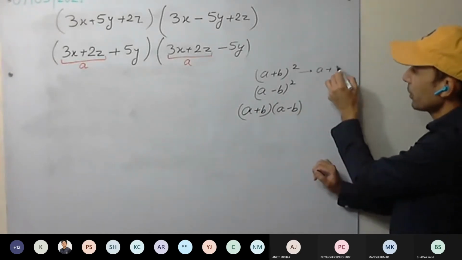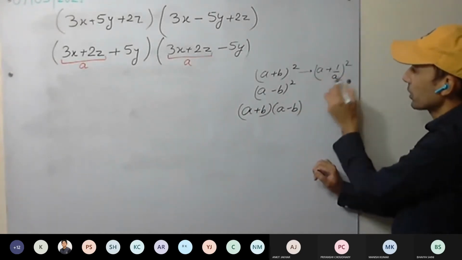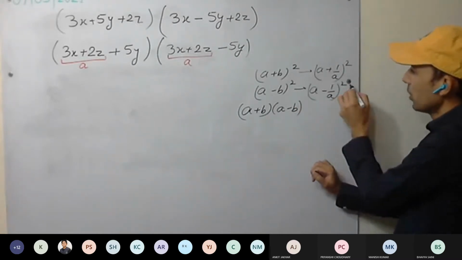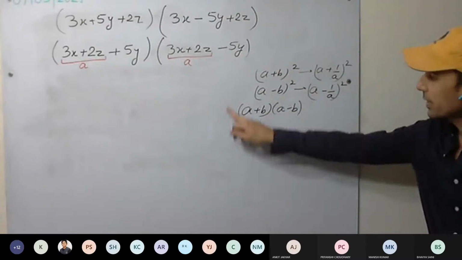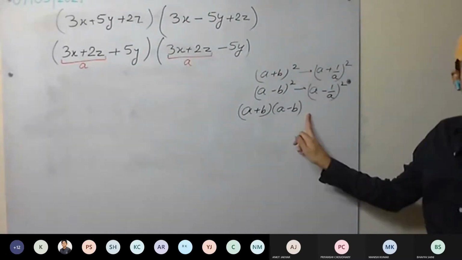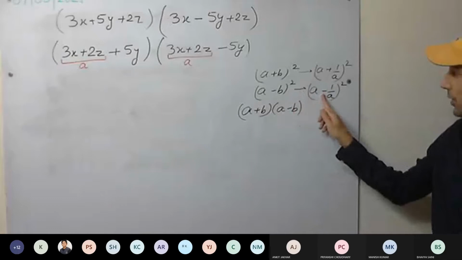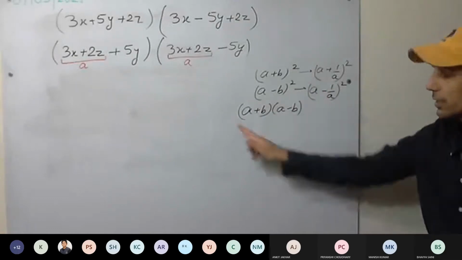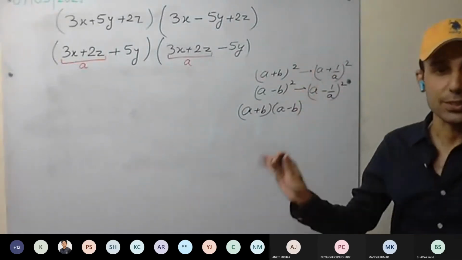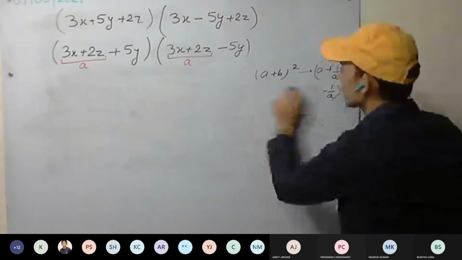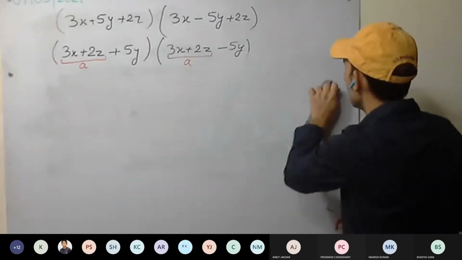From this, we can derive a plus 1 upon a whole square. From this, we can derive a minus 1 upon a whole square. From these three identities only we have derived these. Only three. Understood? Okay, solve this one, everyone.